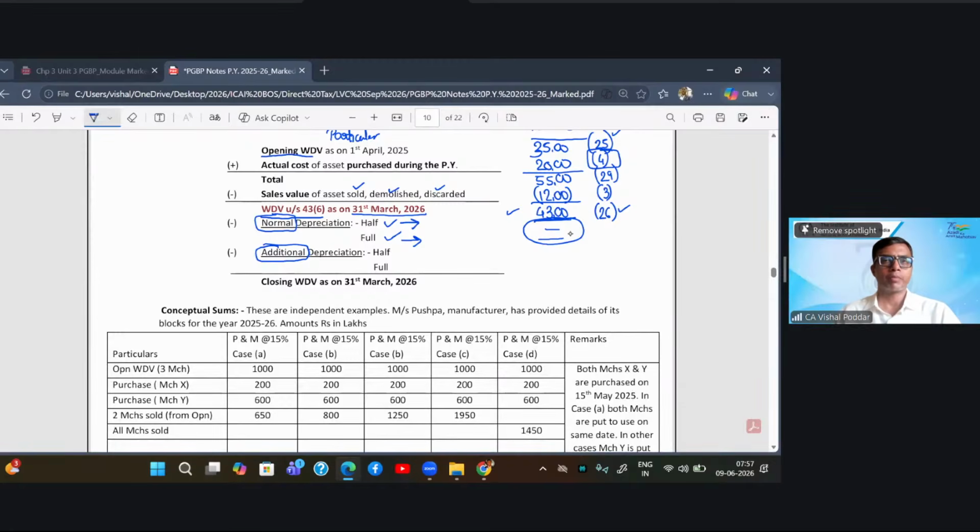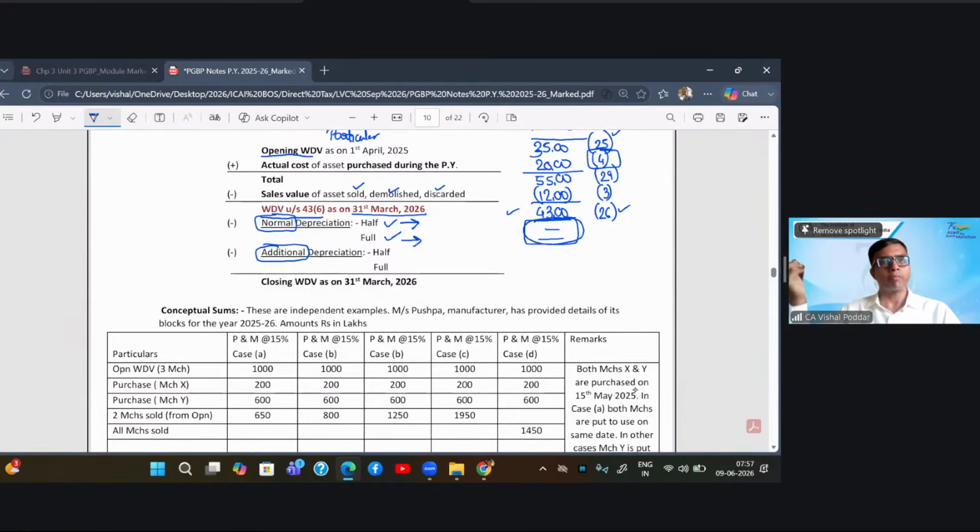And this amount of depreciation is the final amount of depreciation as per IT provisions. Normally, in all practical sums, this amount is given as one of the adjustments. Now we have solved multiple sums, so you can understand this. In the adjustments, you are given one point which says depreciation as per IT provisions, which is this amount.